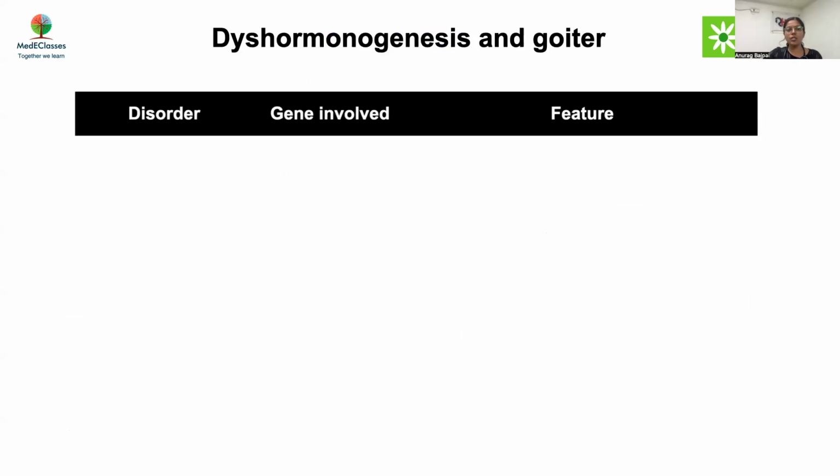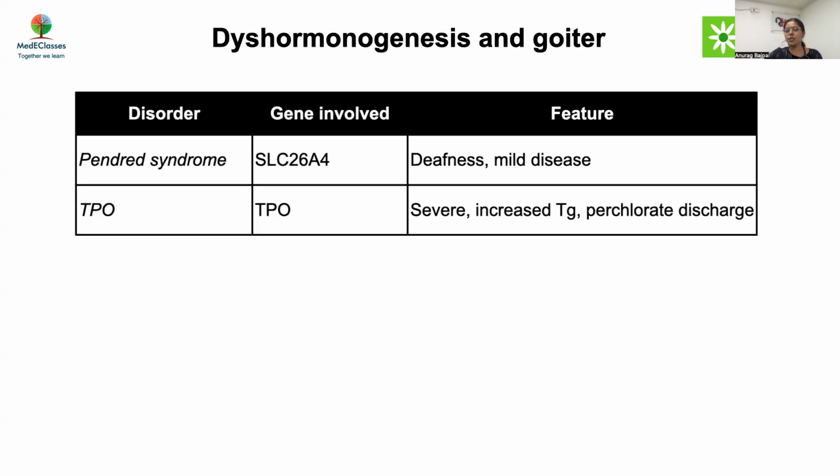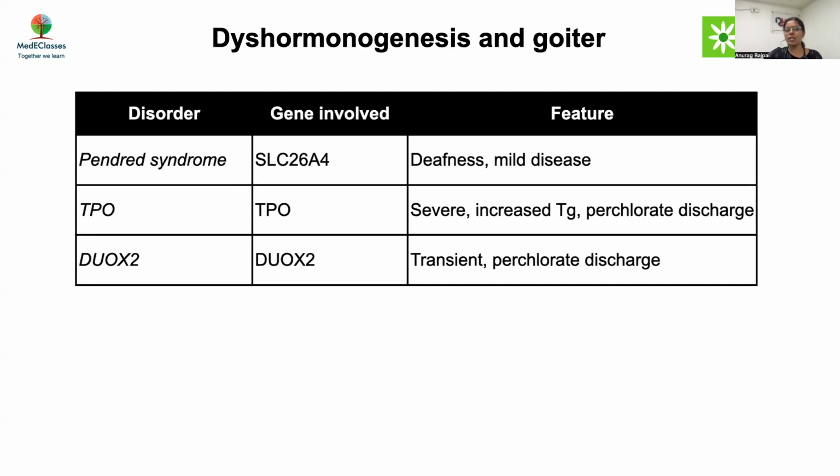Therefore, the disorders included in the dyshormonogenesis are Pendred syndrome. The gene involved is SLC26A4, which results in deafness, renal tubular defects, and is a mild disease. TPO defect is severe with increased thyroglobulin and perchlorate discharge.